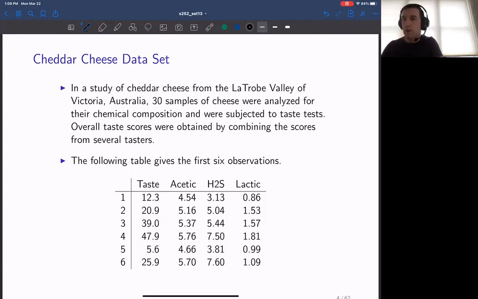And we are trying to model the taste score as a function of the acidity, the amount of hydrogen sulfide, and the amount of lactic acid in each of the cheeses. So we have our response variable, which is the y. We have the acidity, which we can call x1, H2S, which we can call x2, and the lactic value, which we can call x3.